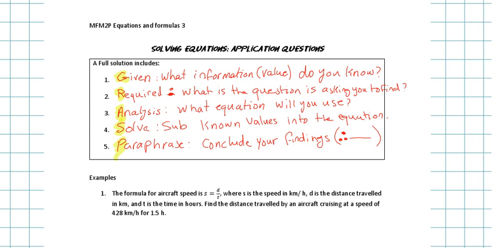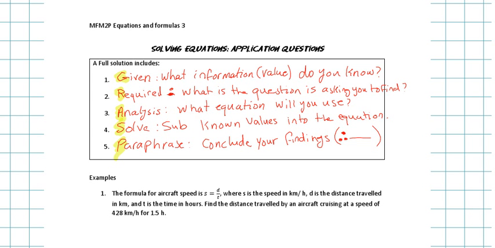So again, this is called the GRASP method. G for given, R for required, A for analysis, S for solve, and P for paraphrase. We use this to solve word problems. So let's read the question that is given to us.